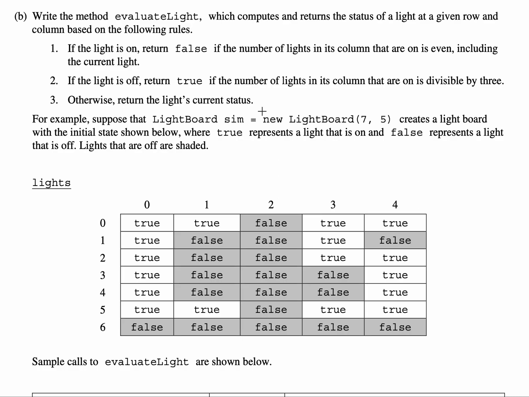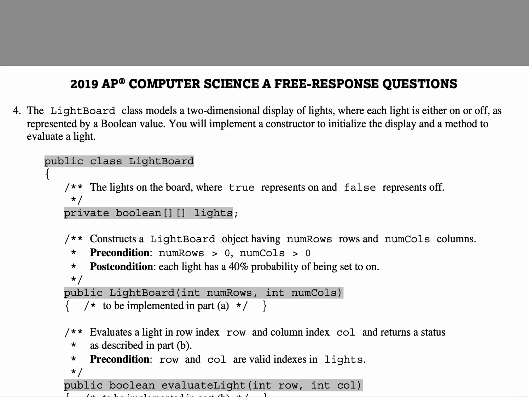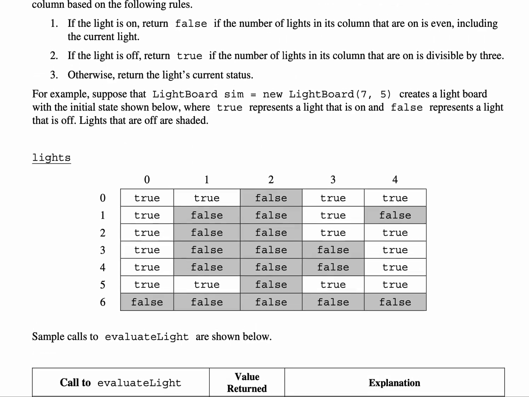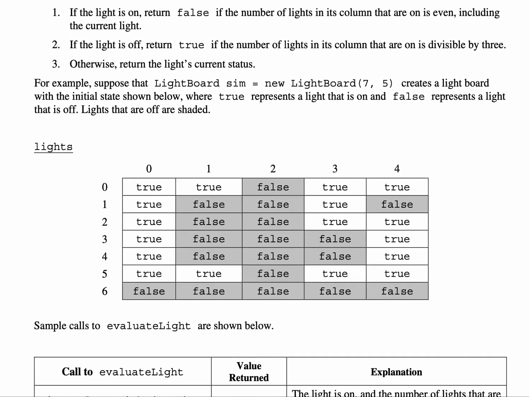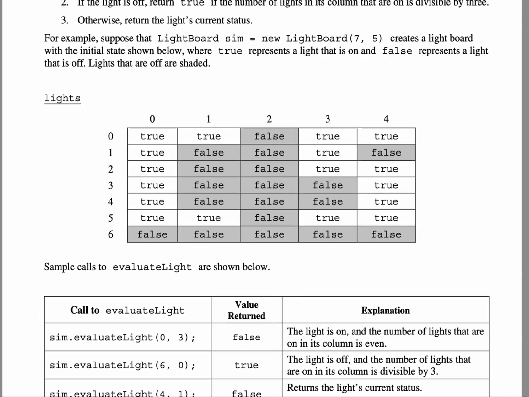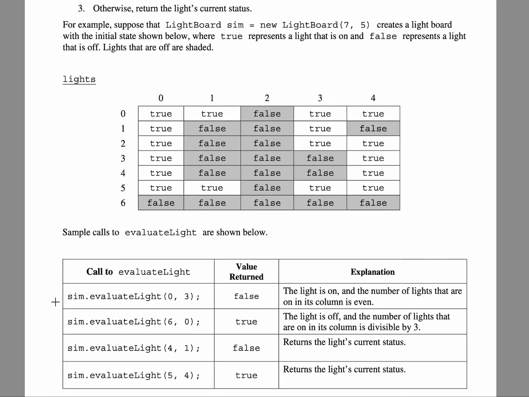Okay? So again, that's what I'm going to be doing in this question. This is the method here. I'm going to be using the parameters row and col, and I'm going to be looking inside of lights to determine all of those slightly strange conditions listed in 1, 2, 3. And take a look at the options there on the right here. Again, let's just go through one.